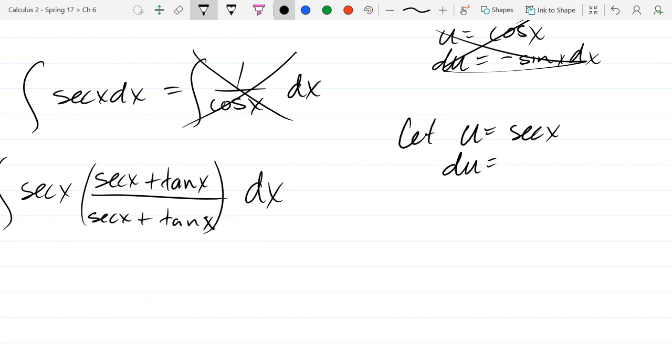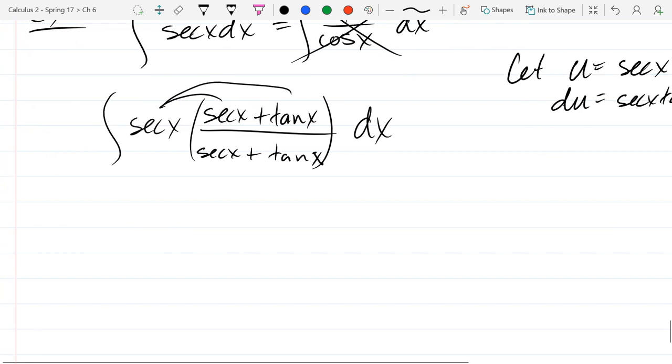So derivative of secant, anybody know the derivative of secant? Secant tangent. Now we don't really have a secant tangent unless we distribute secant to the numerator. And then I'll see a secant squared plus secant tangent. So let's go ahead and do that distribution.